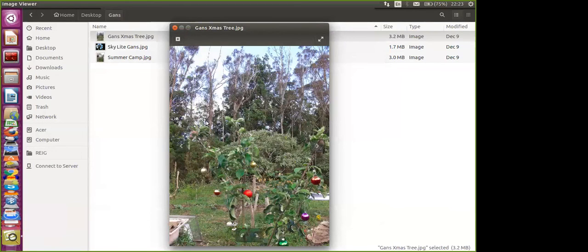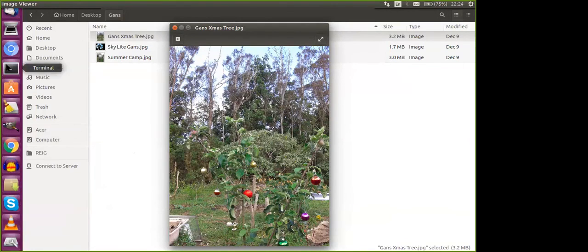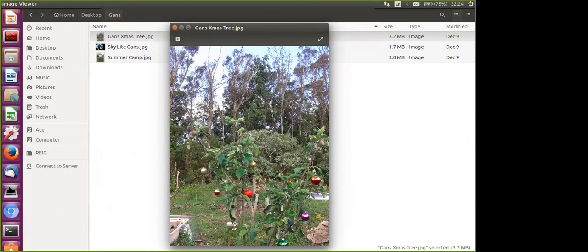We see your picture now. Oh, lovely. Quite a lot of Christmas cheer. That's our worm farm just next door in the bathtub. I think that's the first GANs Christmas tree. Yeah. And you probably think we're in Australia when you see the big gum trees in the background.